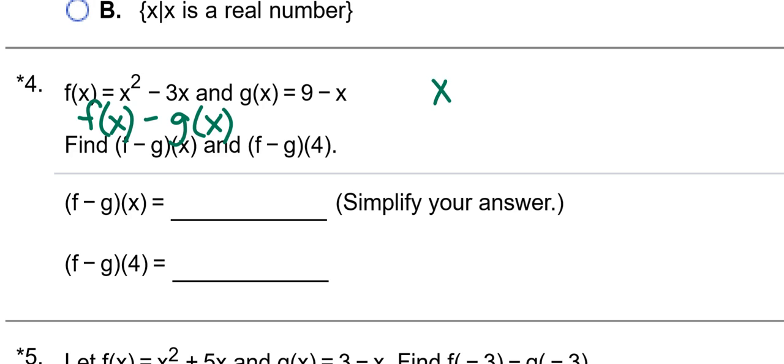So the f of x function, x squared minus 3x, minus the g of x function, 9 minus x. Now, I need you to realize those parentheses that I put in there are extremely important. Several of you forget to put those in there, and it causes a problem.